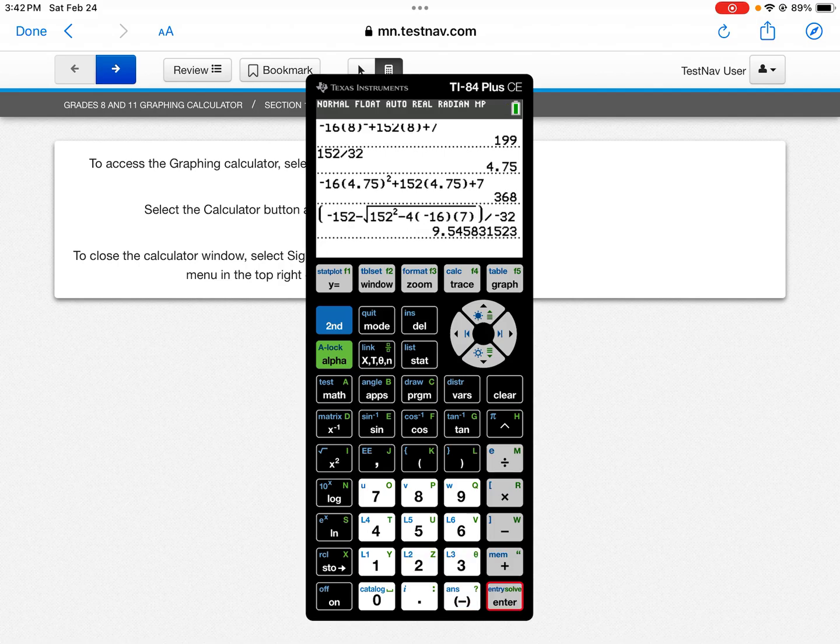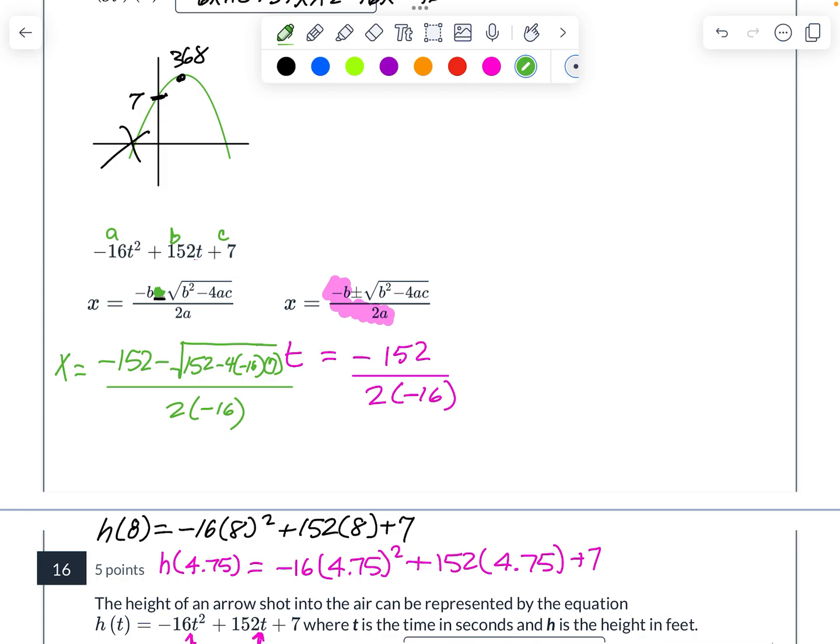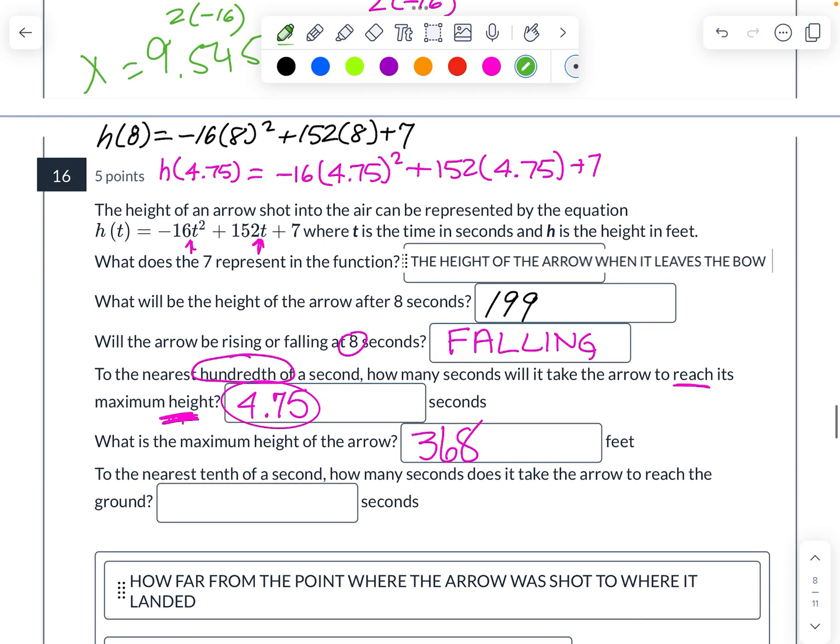And I get 9.545. And what do I want to round it to? To the nearest tenth of a second. So 9.5 seconds is that answer.